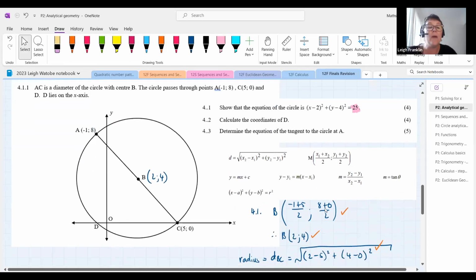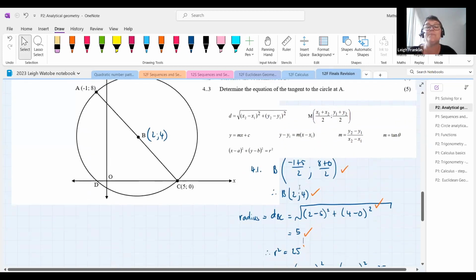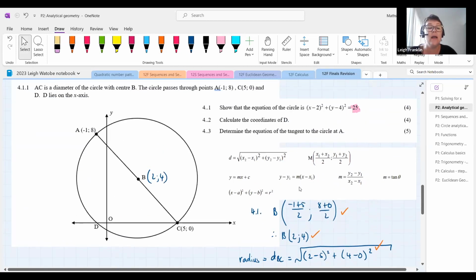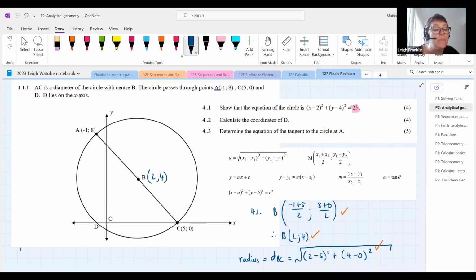Okay, all right, now they want us to calculate the coordinates at D. How would we calculate the coordinates at D? Any ideas?